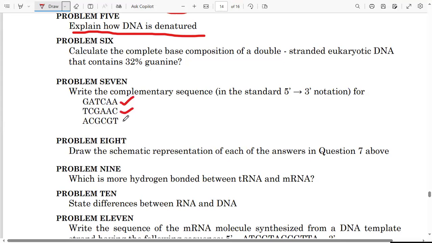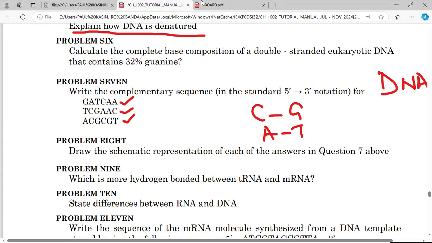All right, so this is DNA. We know that the C goes with the G, and then the A goes with the what? With the T. So let's find the complementary one for this first one here.